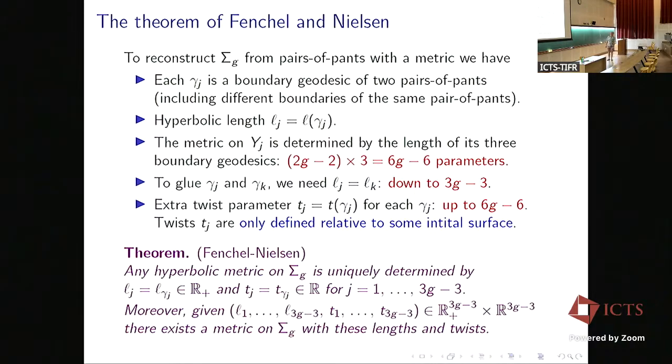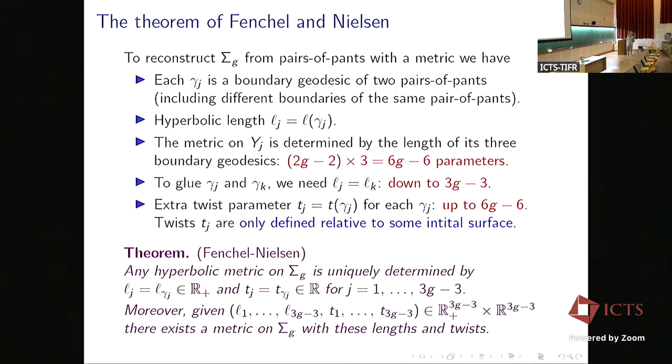So in red, I'm always going to count up my numbers of parameters. So I have 2g minus 2 times 3 curves there. So these are the boundaries of all these pairs of pants, which gives me 6g minus 6 parameters, which at first sight I get very excited about because that's the dimension I'm expecting, because I want 2g minus 2 times the dimension of my degree of freedom.